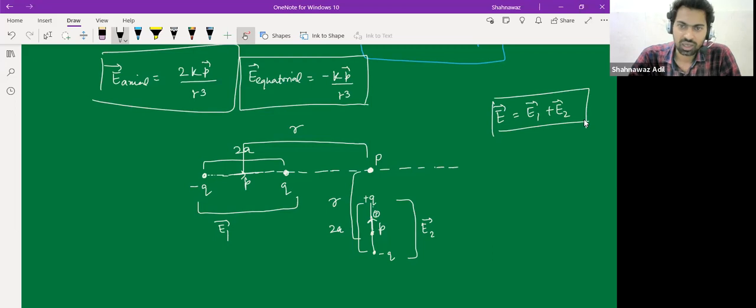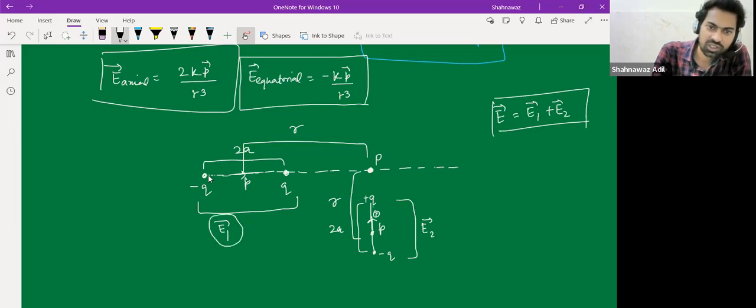So first let us calculate what would be our E1. This is the dipole, and this is what line? Axial. This is the axial line, so the electric field will be E axial due to this dipole at this point.